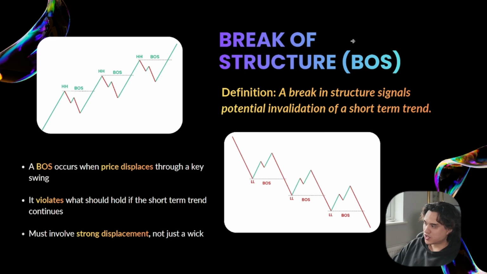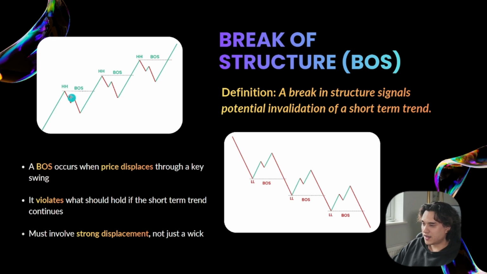A break of structure occurs when price displaces through a key swing point that should have held if the trend were to continue. In a bullish trend, this means that the price breaks above the last higher high and continues forming these break of structures. So you see how we have a retrace, we break above that last higher high with an impulse.